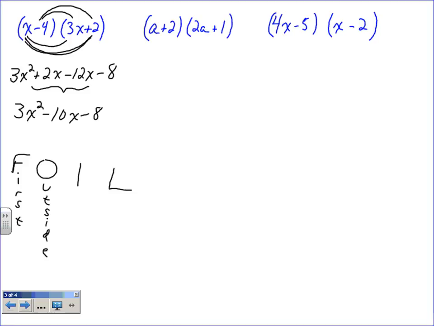That's the two inside terms, isn't it? And finally, the last thing I did was negative 4 times 2, the last term here and the last term here, and that's what the L stands for. So FOIL stands for first, outside, inside, and last.